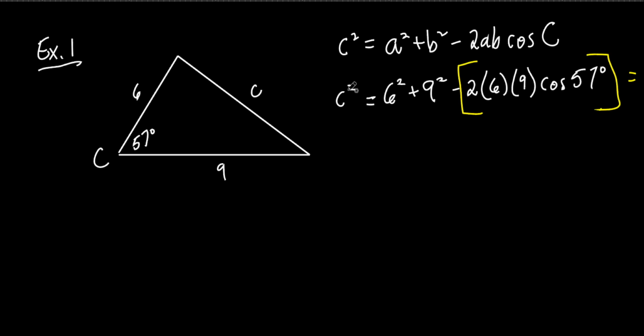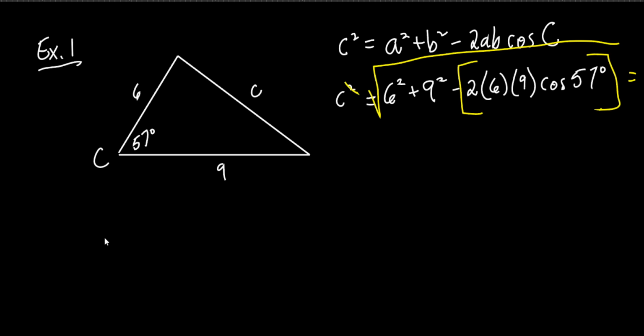This is C squared, so how am I going to get C by itself? Take the square root. So technically, I'm taking the square root of all this stuff to get C by itself. Do you agree with that?